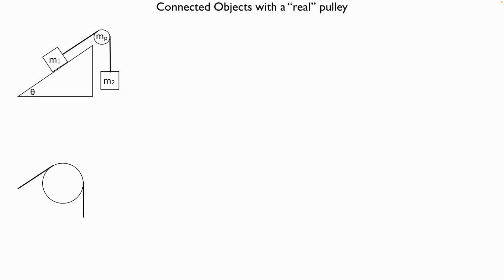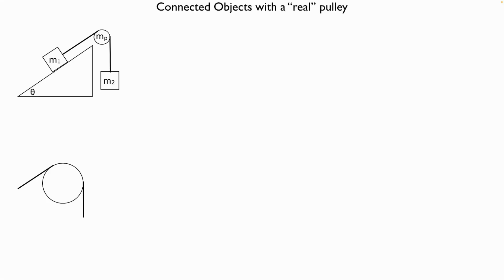Back when we first did this in chapter 5, we conveniently ignored the pulley. We said it was a massless, frictionless pulley, and the reason we made it massless and frictionless is to make it easy.